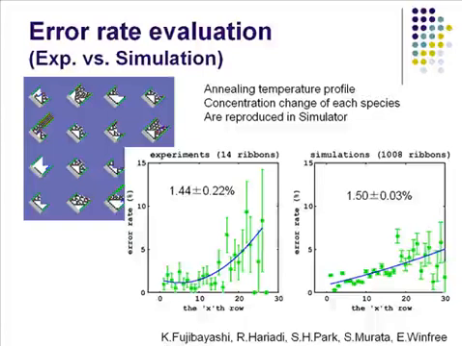So we expect that the crystal growth in the simulator is quite similar to the real one. And so we can also count the number of errors in the simulation, and we compare the results. And this is the simulation result, and this is the experiment result.